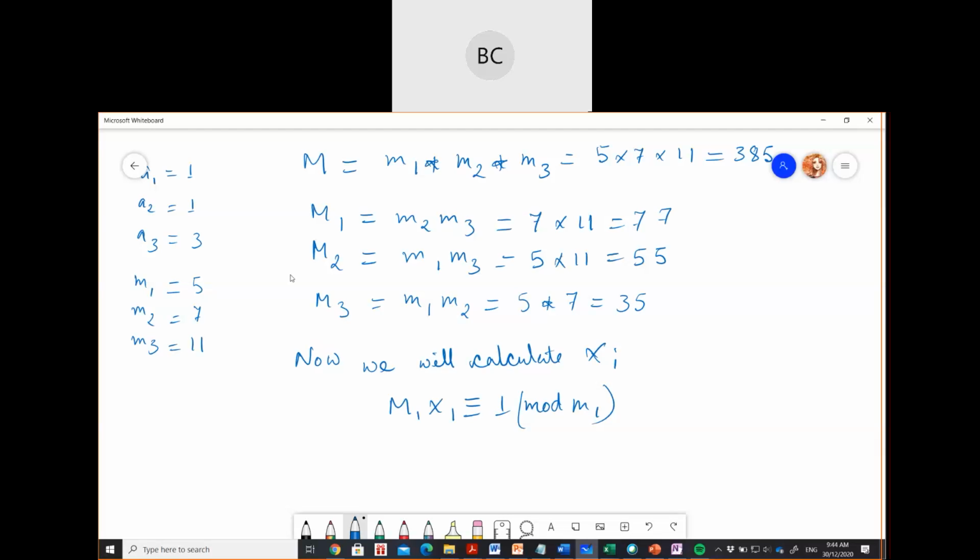We cannot directly find this inverse of m, so we can find xi with the help of this equation. It is just the inverse of mi.